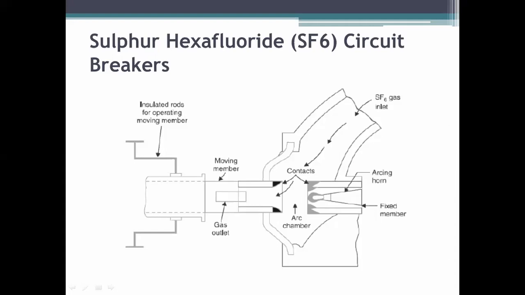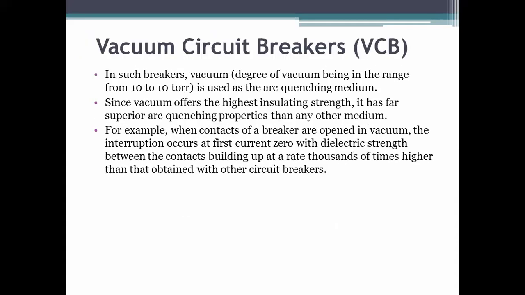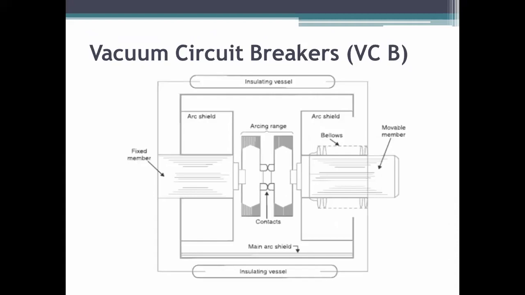right? The next circuit breaker we have seen is the vacuum circuit breaker. This vacuum circuit breaker has many advantages. We can use it for almost 22 kV to 66 kV, which can be at the generating station or for small transmission purposes, means when we are simply upgrading or decreasing the voltage.